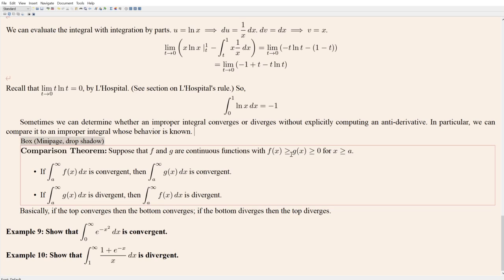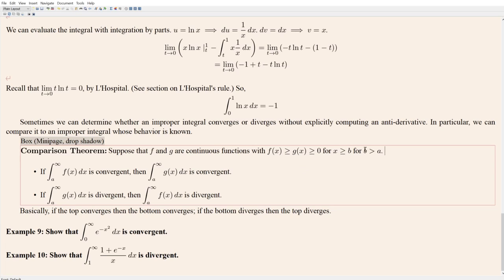Let me actually say this. This is how it was written in the book. We can make this a little bit better. Really all that we need is for f to be greater than g and for these guys to both be positive eventually. It doesn't have to be the case over the entire integral. It just has to be the case eventually.